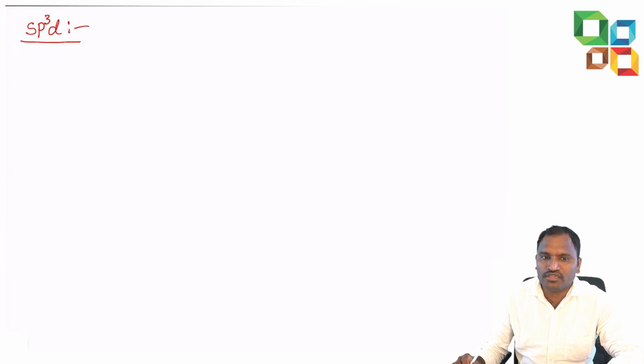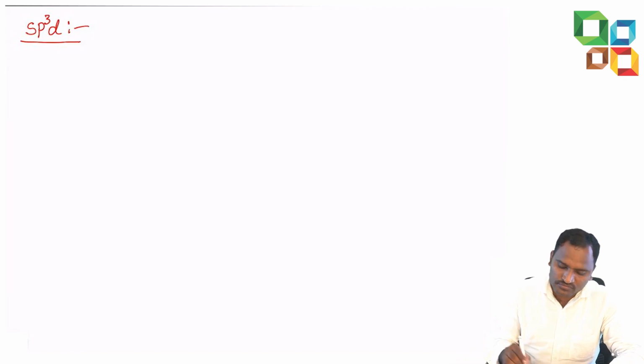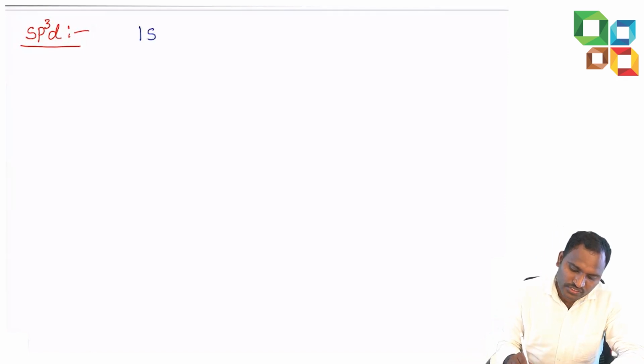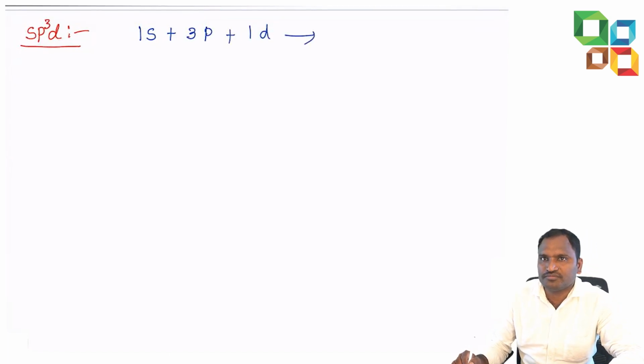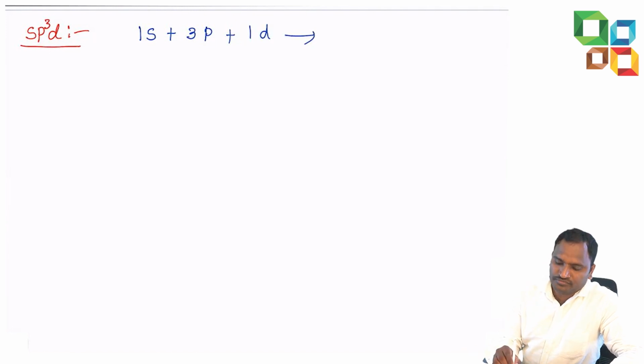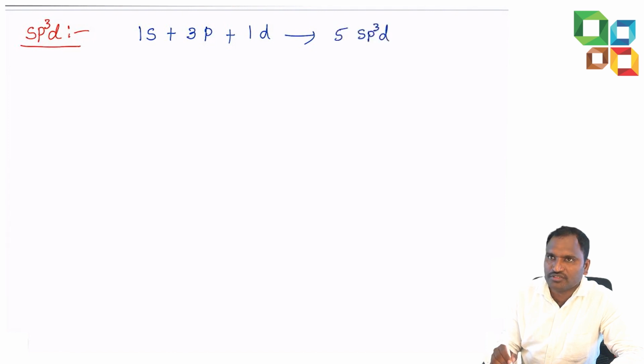You can unmute and tell instead of typing. 1s plus 3p and 1d. Very good. 1s, 3p orbitals and 1d orbital intermix to form how many hybrid orbitals? 5, my correct answer. 5 sp3d hybrid orbitals.